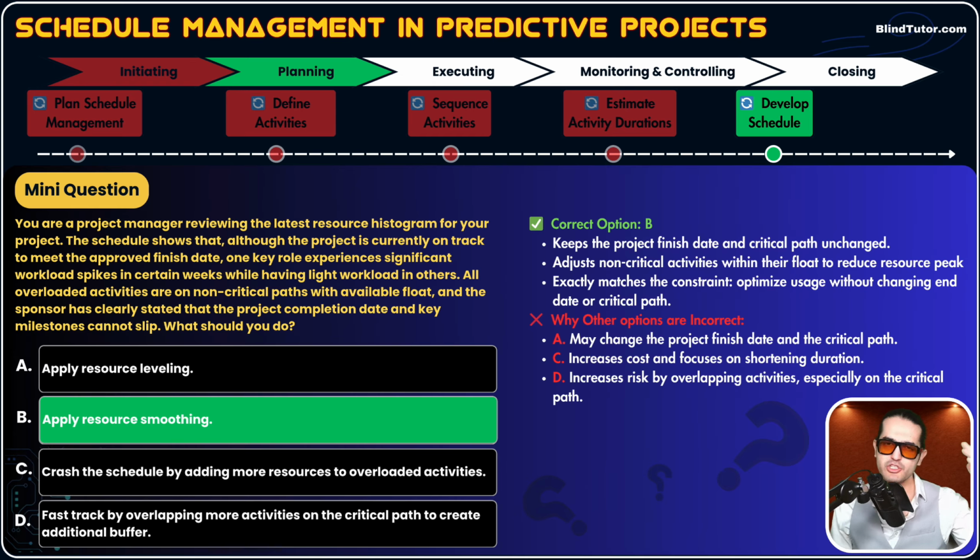We need to differentiate between these two, and you will when we get to the schedule compression techniques. And D says fast track by overlapping more activities. Fast tracking is another schedule compression technique that we're going to cover. We use fast tracking or crashing when the problem is our project's deadline, not the resources.